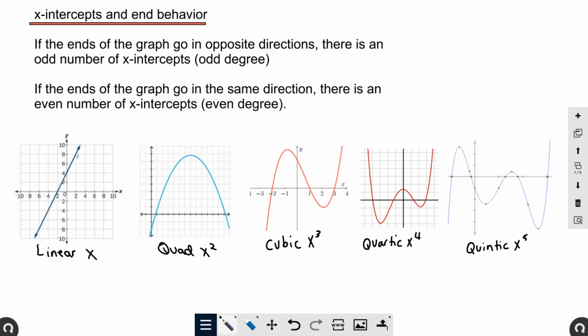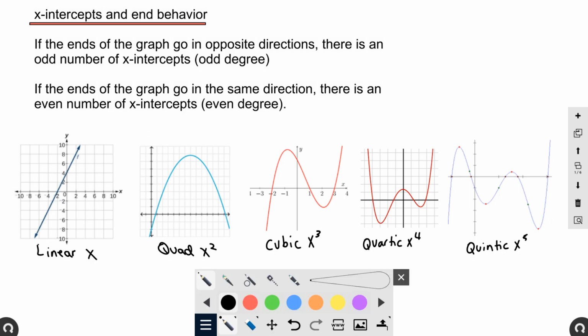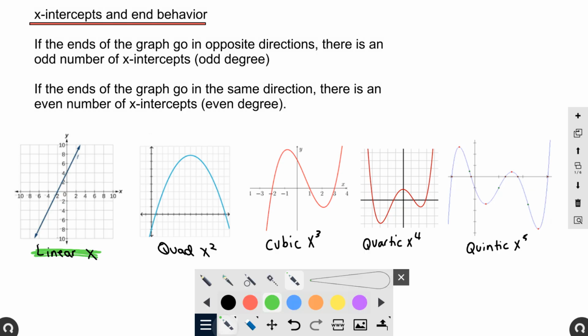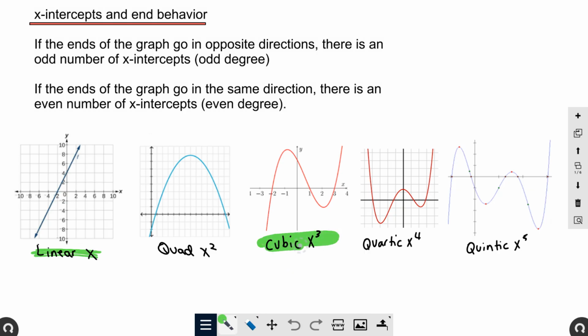If the ends of the graph go in opposite directions, you have what we call an odd degree. Now, when you think about odd, you think about what numbers? That's right. So these are what we consider our odd degrees: linear, cubic, and quintic, because they have powers that are odd numbers, 1, 3, and 5.